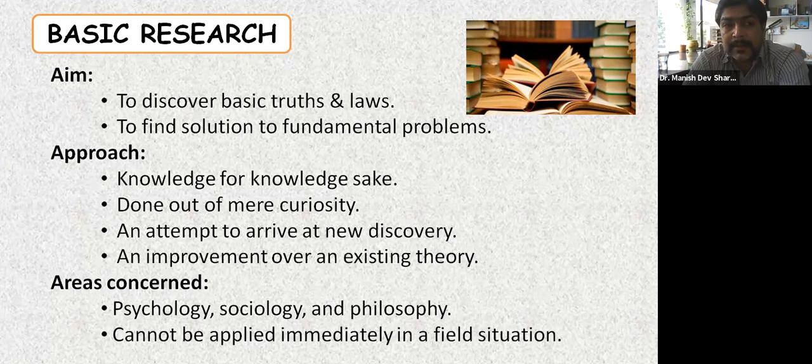But finally, in basic research, you are making a strong point of an existing theory. The areas concerned are psychology, sociology, philosophy, and of course they cannot be applied immediately in a field situation because they have different modeling in comparison to our sciences.